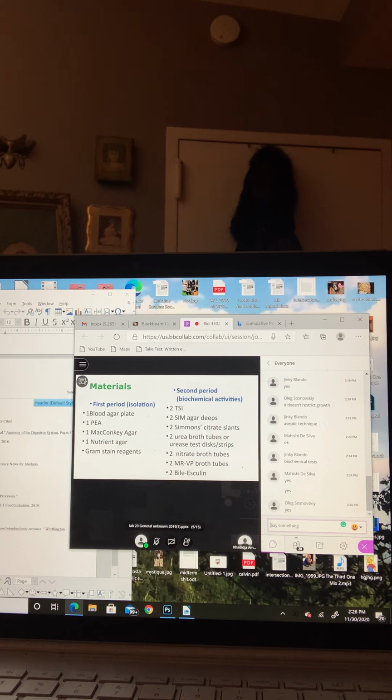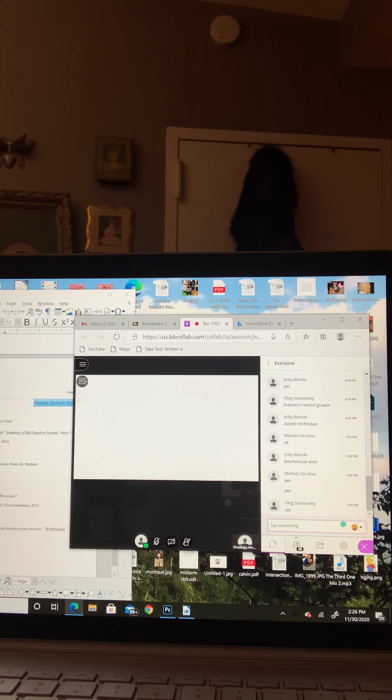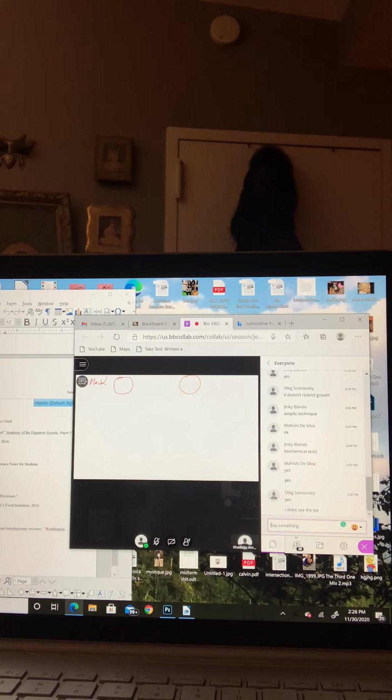There are the 10 microorganisms, and within these 10 microorganisms there are your two unknowns, just from this list. Check your Blackboard, please.